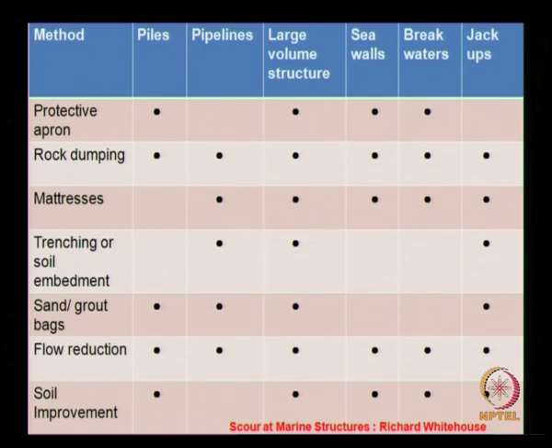So on this column you have the type of method for protection. Protective apron for piles, large volume structures, sea walls and breakwaters. Rock dumping can be used for all, but of course the size of the rock will be varying.